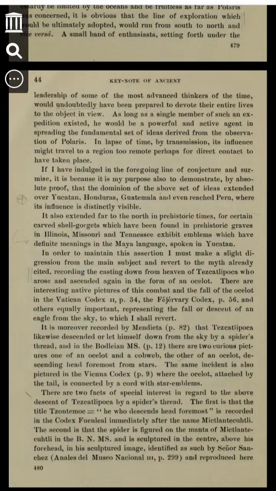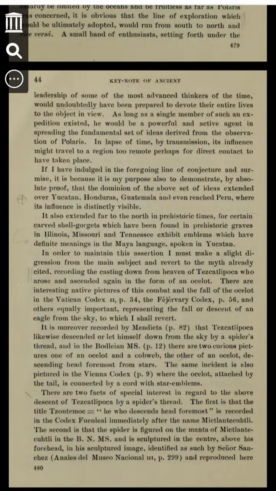In order to maintain this assertion, I must take a slight digression from the main subject and revert to the myth already cited, recording the casting down from heaven of Tezcatlipoca, who arose and descended again in the form of an ocelot. Right?